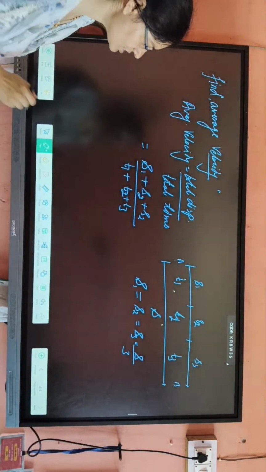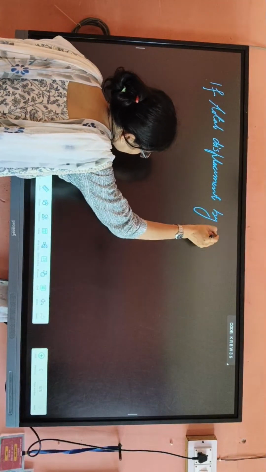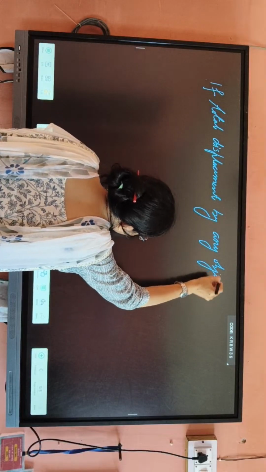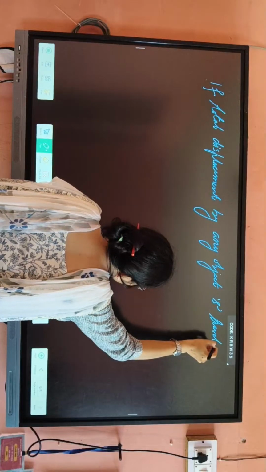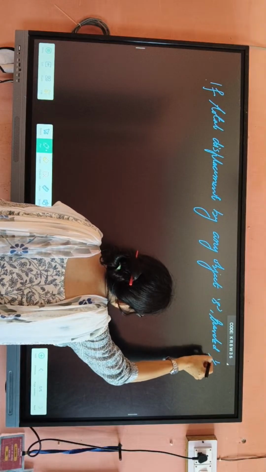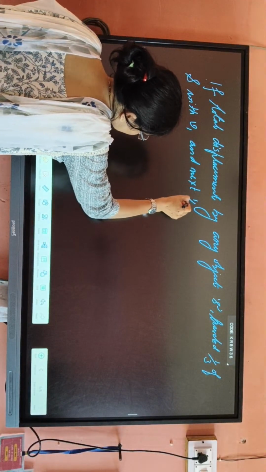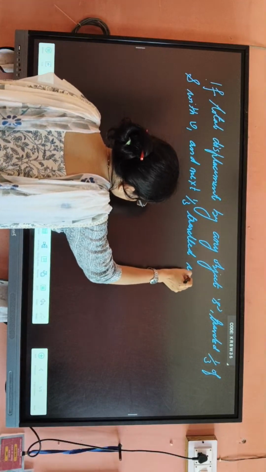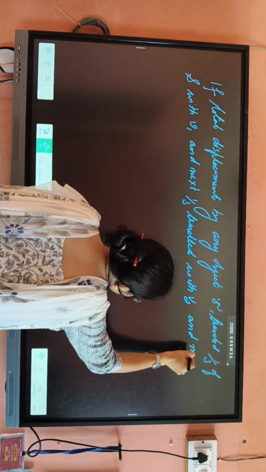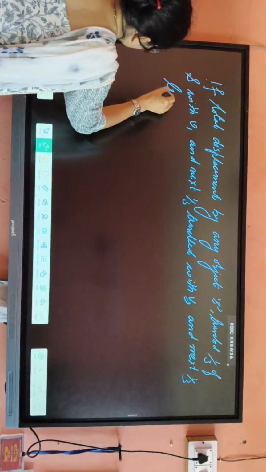Now if the next statement is given like this: total displacement by any object S, traveled 1/3 of S with V1 velocity, and next 1/3 traveled with V2 velocity, and next 1/3 traveled with V3 velocity.